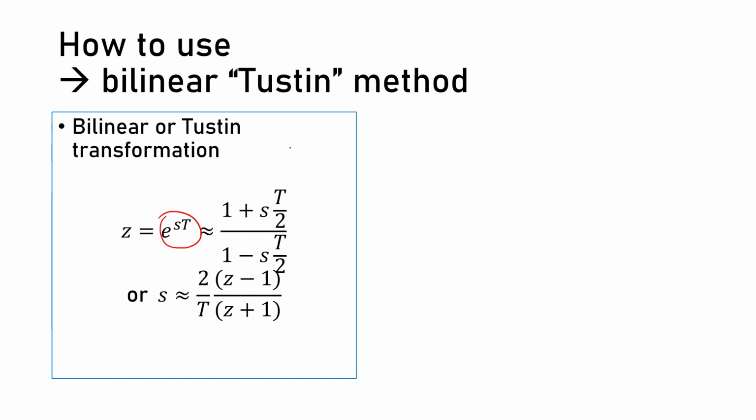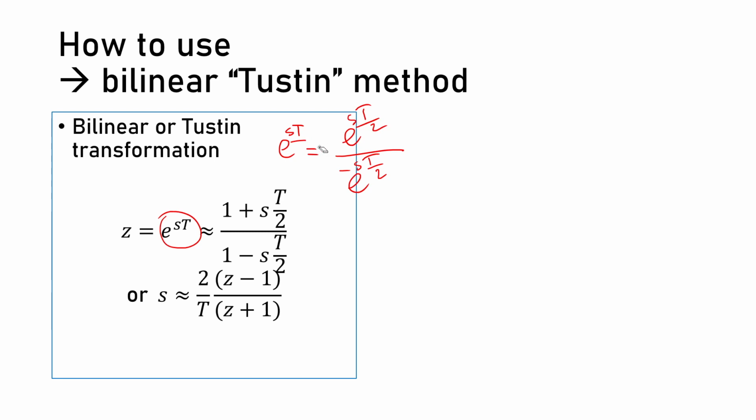If you remember Taylor series, first you change e to the sT like this to be e to the sT over 2 divided by e to the minus sT over 2. Do you agree? Because the exponent of this minus the exponent of this, you have twice, so you have sT again, right?